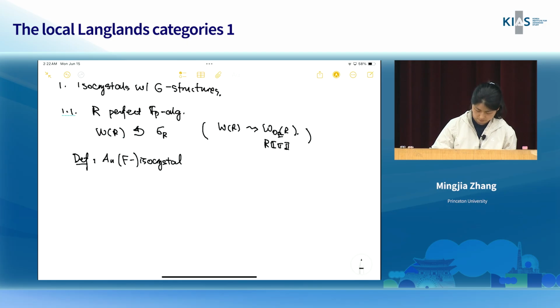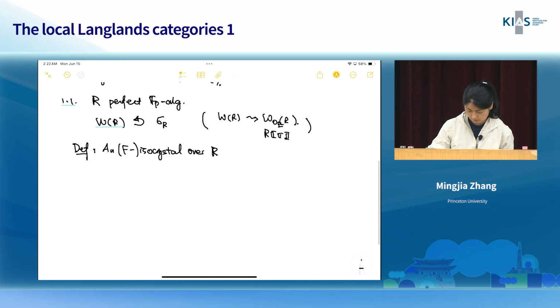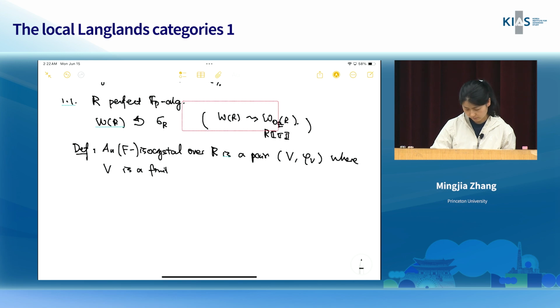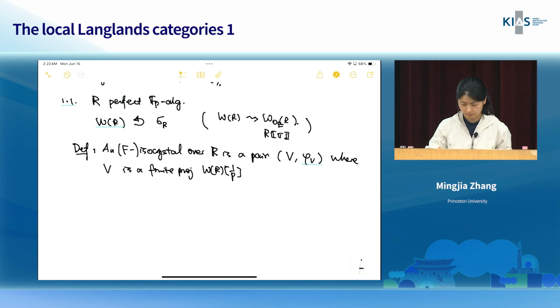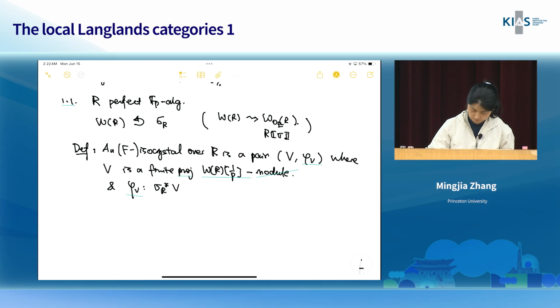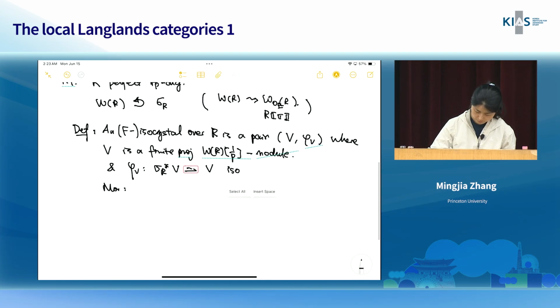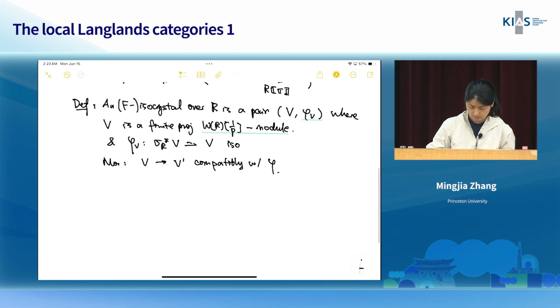Then an F-isocrystal, or sometimes I'll just say isocrystal over R, is a pair (V, phi_V), where V is a finite projective module over W(R) with p inverted, and phi_V is a Frobenius-linear bijection on V. And morphisms between F-isocrystals are just maps of V's that are compatible with phi.